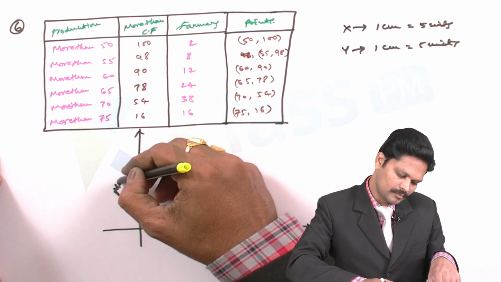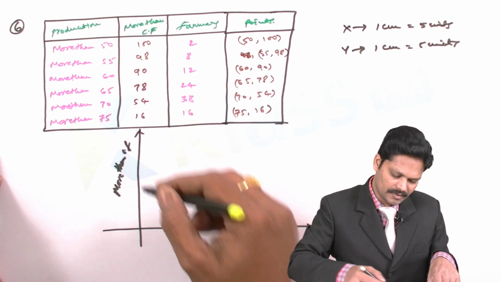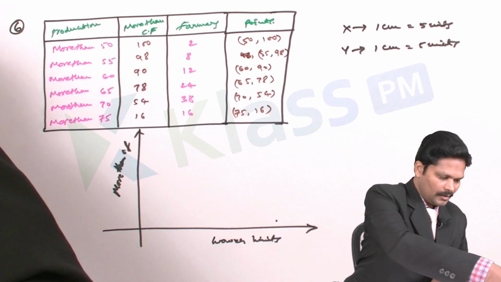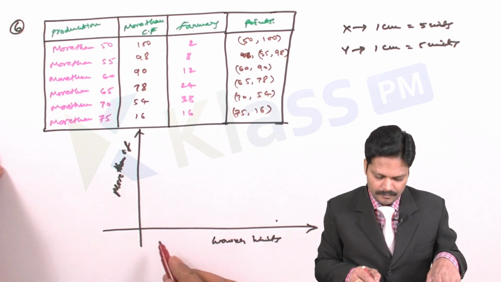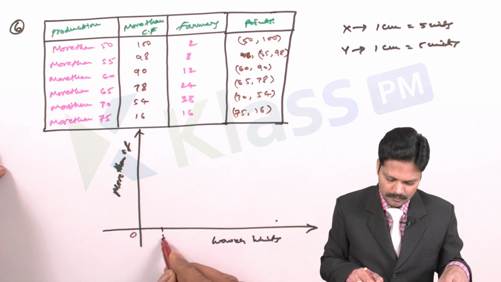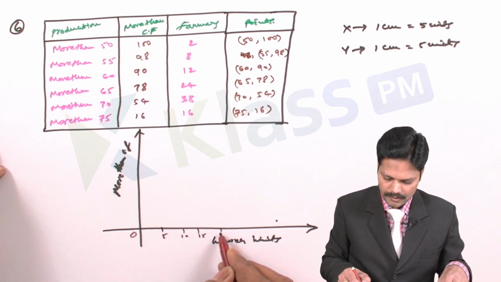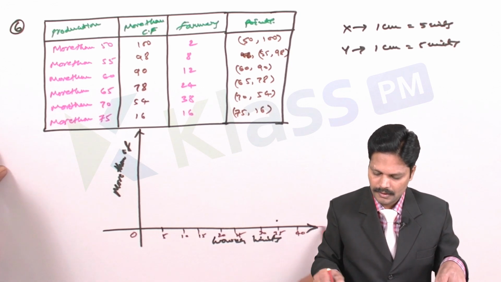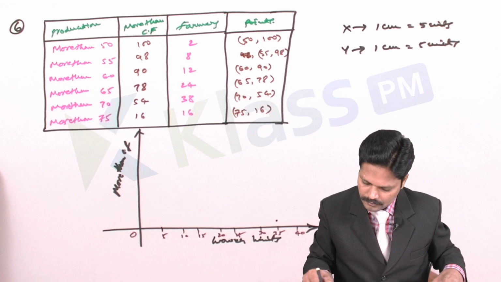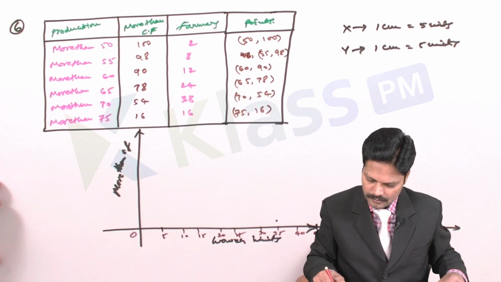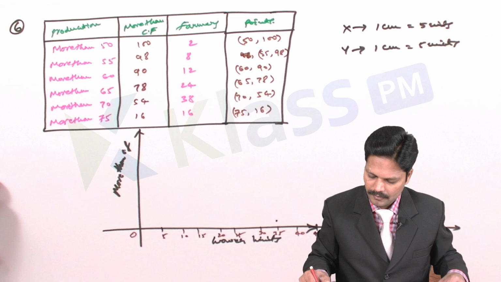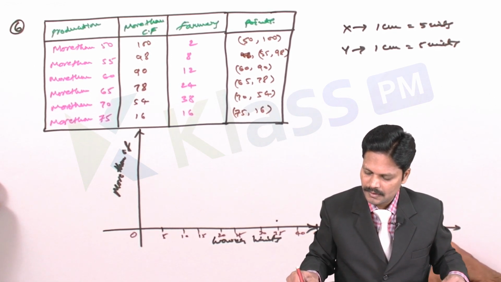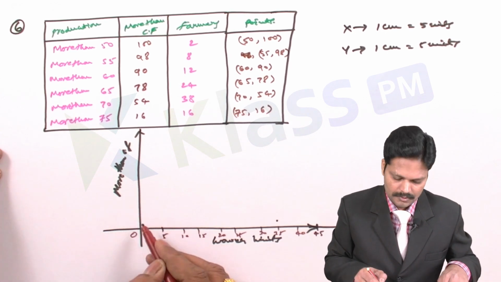These are the more than cumulative frequencies and these are the lower limits, and we plot the points by taking the values: 0, 5, 10, 15, 20, 25, 30, 35, 40, extending up to 60, 65, 70, 75.